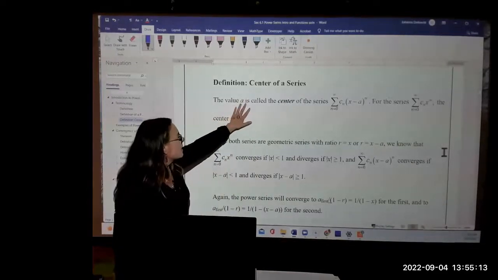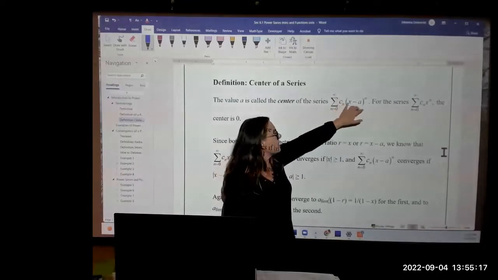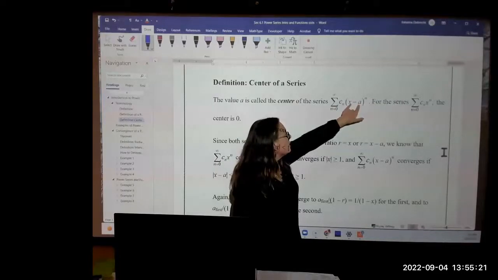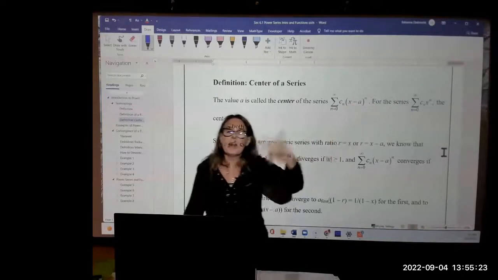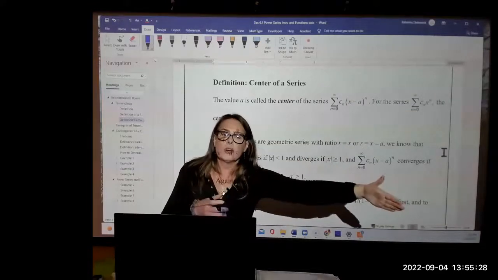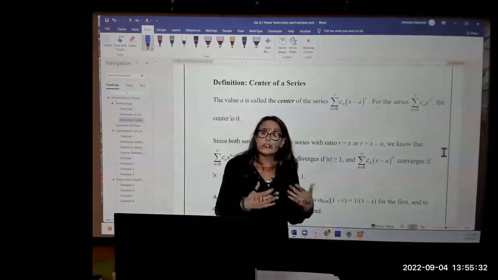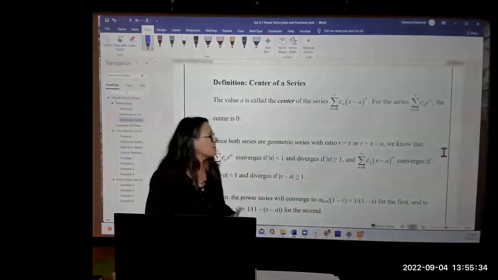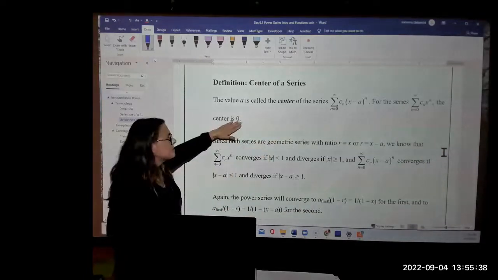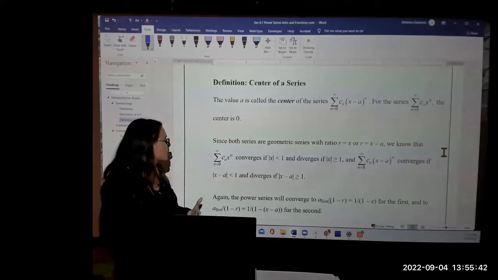The value a is called the center of the series for the series c sub n times (x minus a) to the nth power. Why? Because if we allowed x to be a, then all the later terms other than the first will go to 0, and it will converge to c sub 0, the first coefficient. And for c x to the n, the center is 0 for the same reason. So we call those the center.